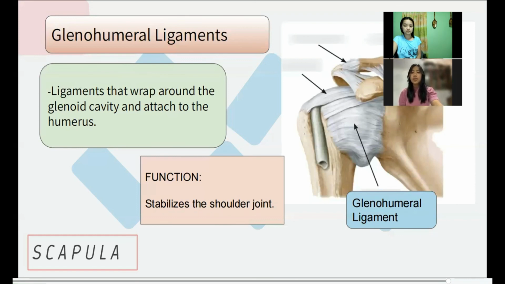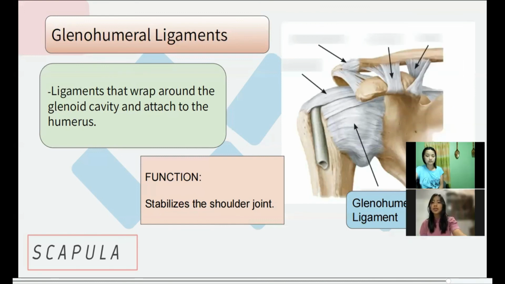Under the inferior, we also have the anterior and posterior bands. Now for the anterior, this is the weak link that predisposes to Bankart lesions. As for the posterior, this resists posterior to inferior translation in adduction and internal rotation.